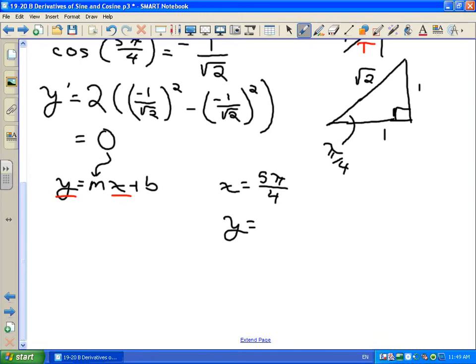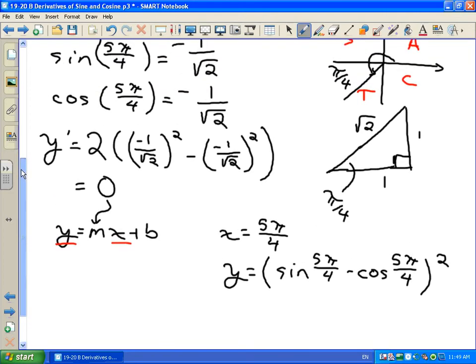Y is going to be, well, let's go back to our original function here. Our original function was sine x minus cos x, so it's going to be sine 5 pi over 4 minus cos 5 pi over 4, and this whole thing was squared. We already know what sine and cos of 5 pi over 4 are because we evaluated them up here.